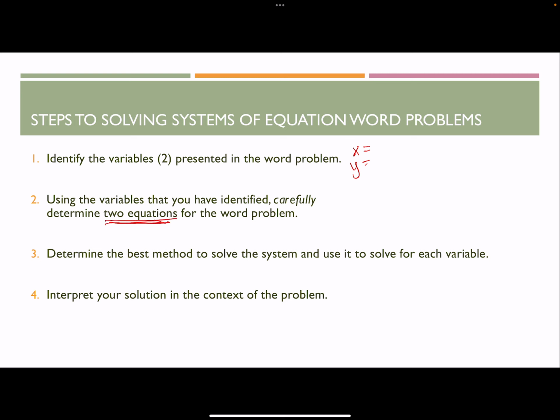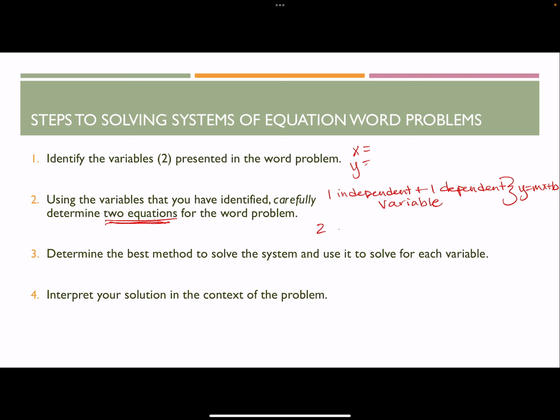So instead of one equation, we're going to write down two, and that's why we're going to use systems of equations. Just as a quick reminder, and you might want to jot this down in your notes, if you have one independent and one dependent variable, you're going to use y equals mx plus b to write your equation.